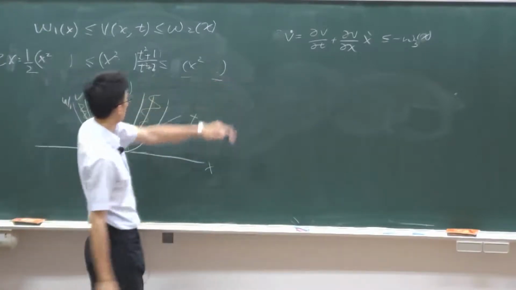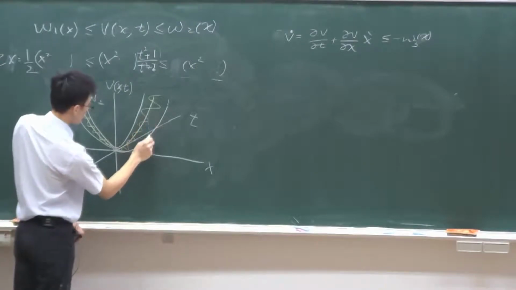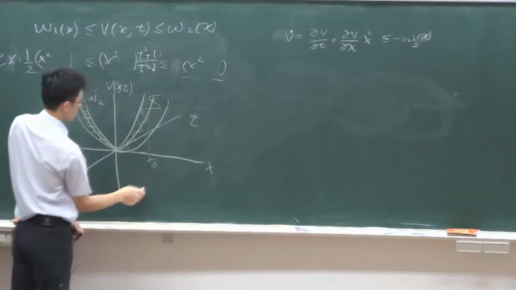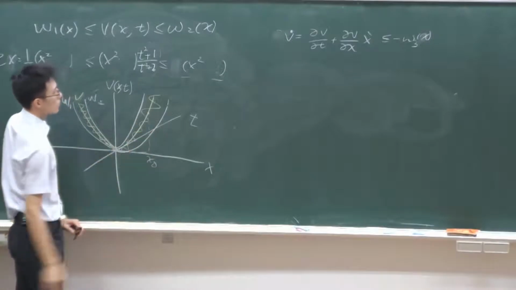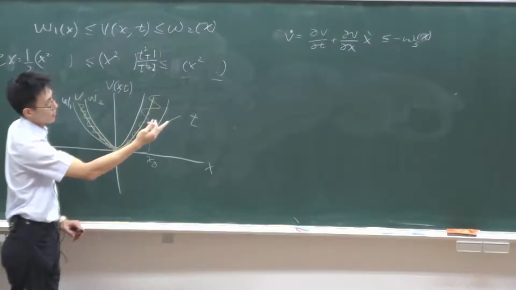So it means this V, if you start from maybe your initial condition here, x0, then V dot is negative, definitely, right?